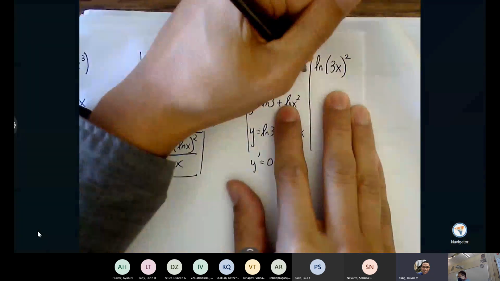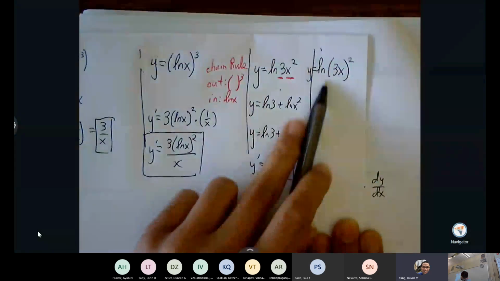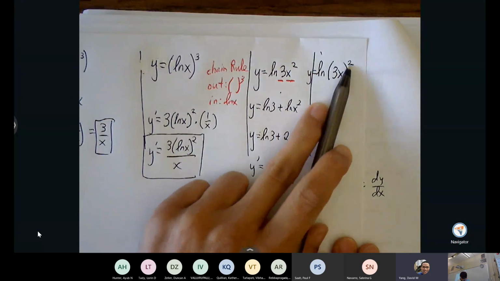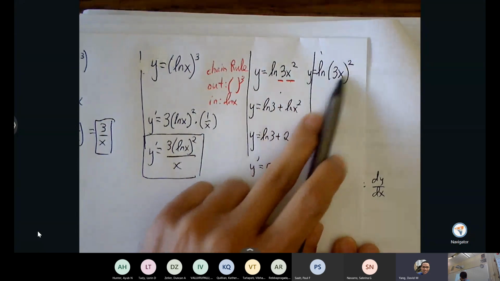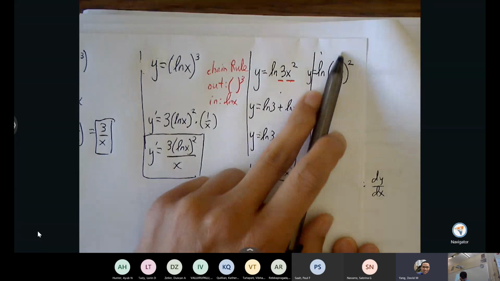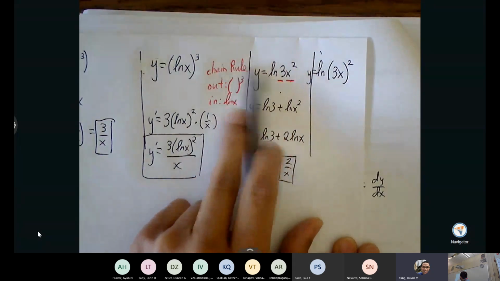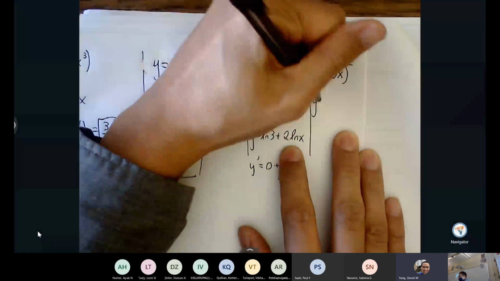Okay. Last one here. Can I expand this one? Yes. The 2 can come down because the 2 sees both the 3 and the x. So this falls into that category. The 2 can't come down here, but this one you can.